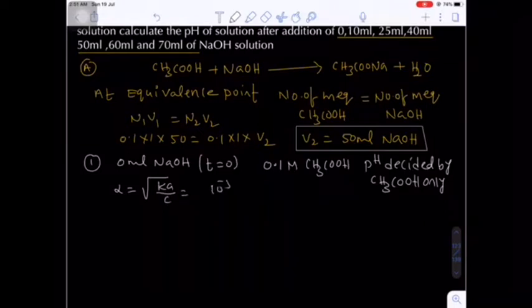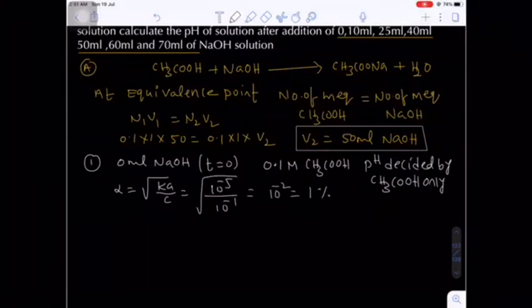Yes or no? Now what is the alpha? Under root of Ka by C. Ka value given 10 raised to minus 5, concentration 10 raised to minus 1, under root. This will be 10 raised to minus 2, this is 1%. So the approximation is correct.